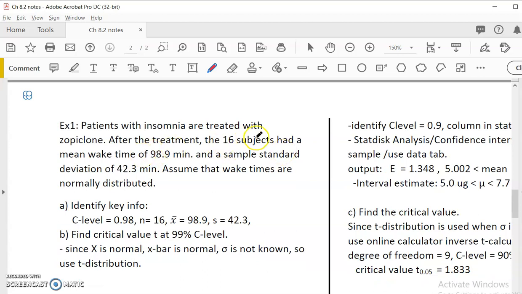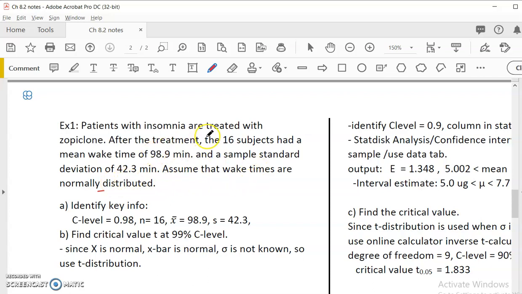After treatment, the 16 subjects had a mean wake time of 98.9. How do I make sure the X bar is normal? So we have to be careful. X bar is normal because the wake times are normally distributed. So I don't need a big sample size because the original distribution is normal.